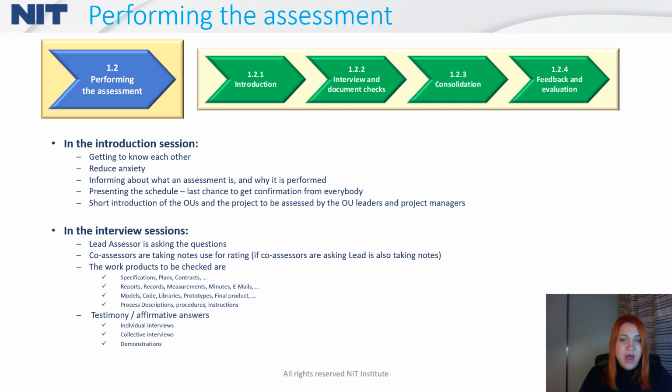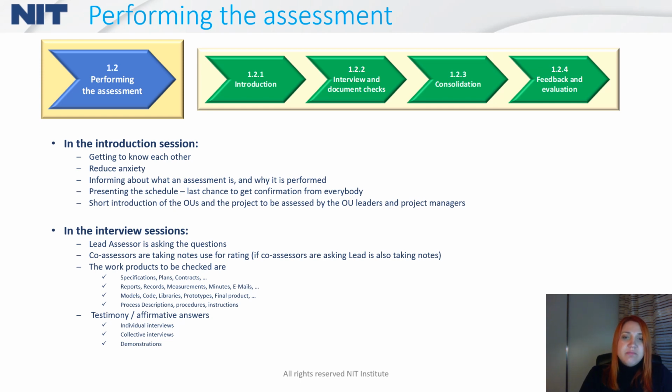In this phase of the assessment, we have the real interview. In performing the assessment phase, the first thing is introduction. In this period, all the participants must be known and all the prerequisites, all the preparations must be done. It means that the team lead assessor will present what is the schedule, what is the scope, and inform all of the participants how assessment will go.